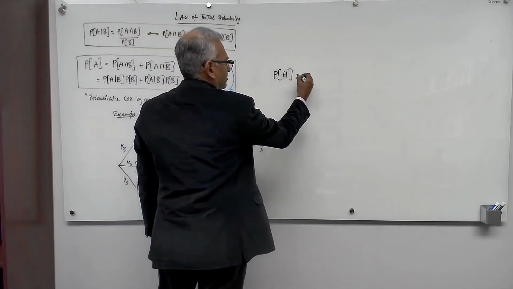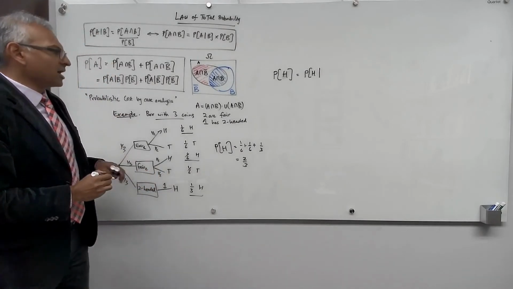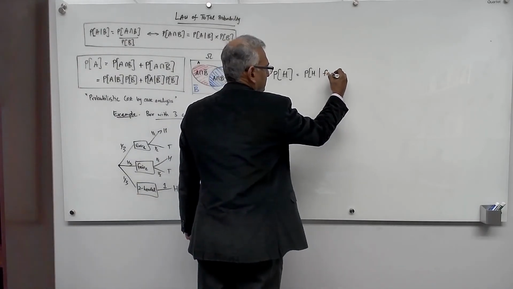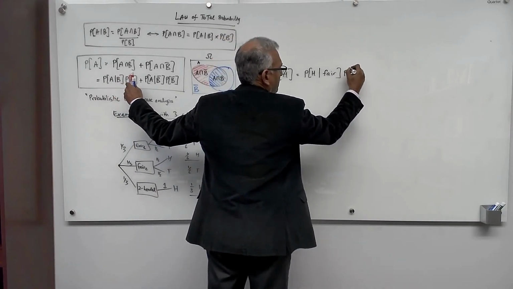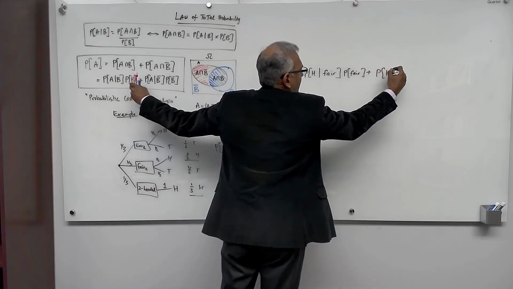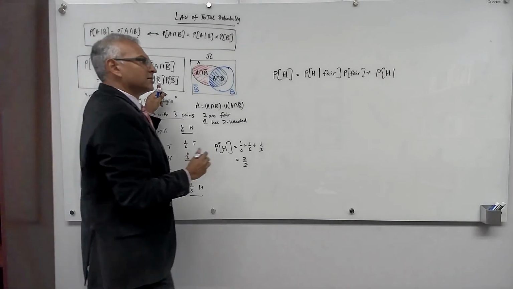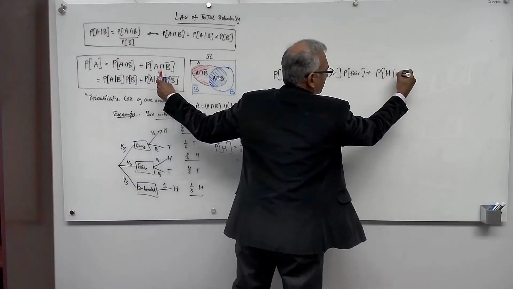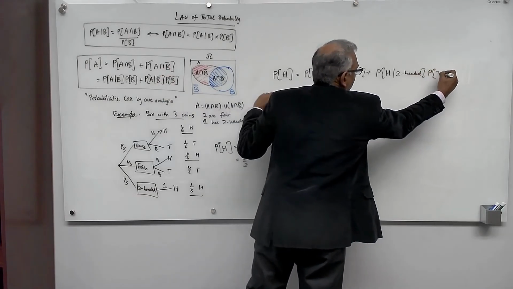So it's the probability of heads given that you picked a fair coin, weighted by the probability of fair, plus the probability of heads given that fair did not happen, the complement of fair, meaning you picked the 2-headed coin, times the probability of 2-headed.